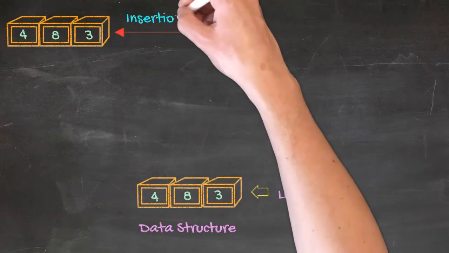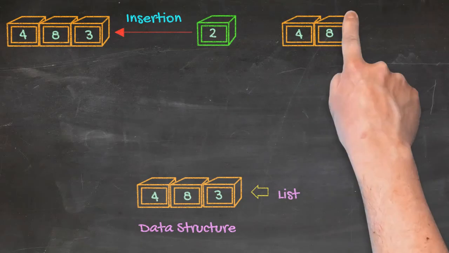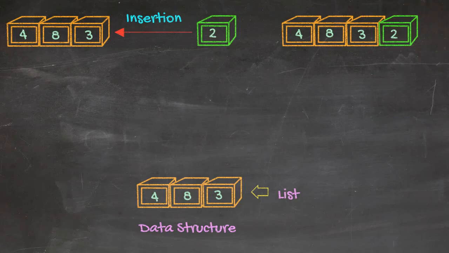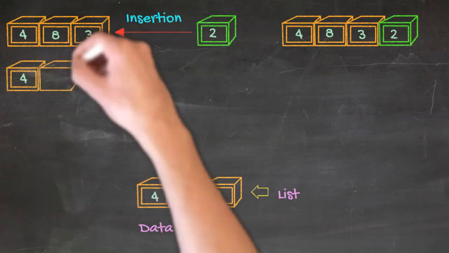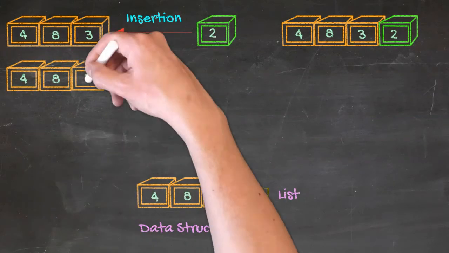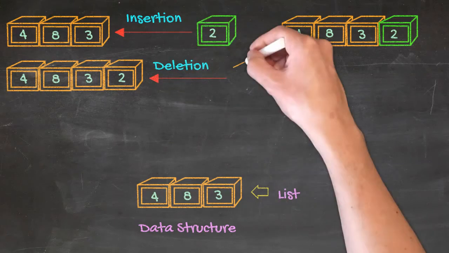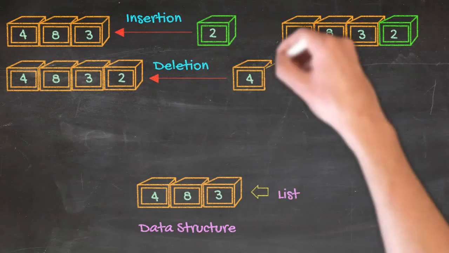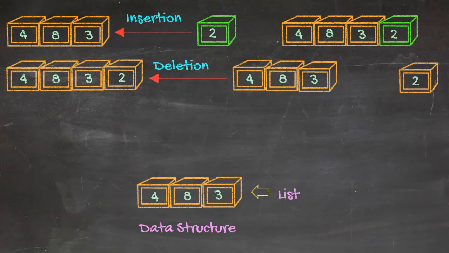Let's insert this box 2 into our list. After we insert that, our list will be like this. Now let's remove box 2 from our list. After we do the deletion, our list will be like this. Here we removed box 2 from our list.